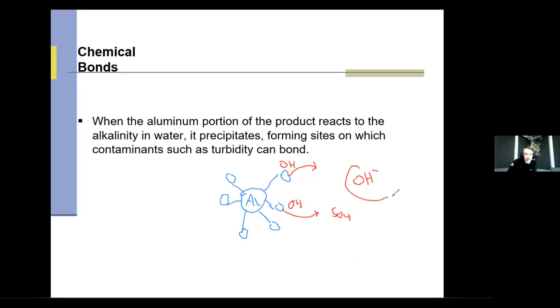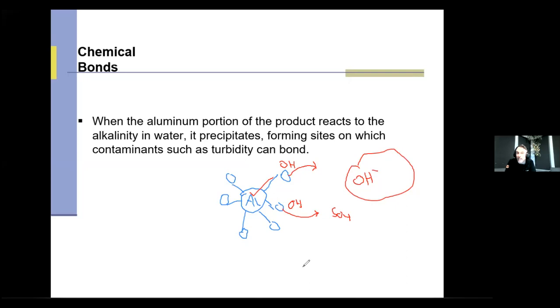If I don't have enough of these OHs to fill the arms, and all 6 of those arms have to be full in order for this aluminum to work, then alkalinity is super important. Here's the other issue: water with the most color, usually creek or some sort of surface water like that, has low alkalinity.